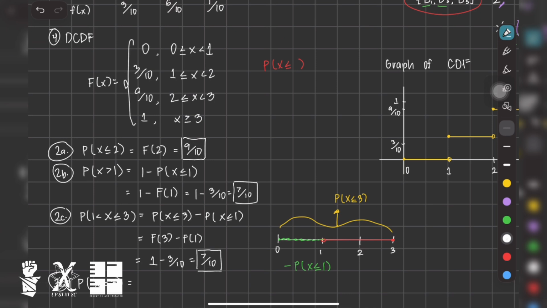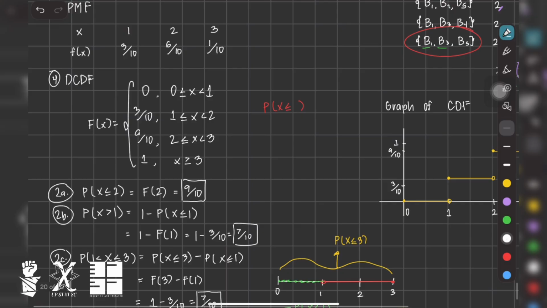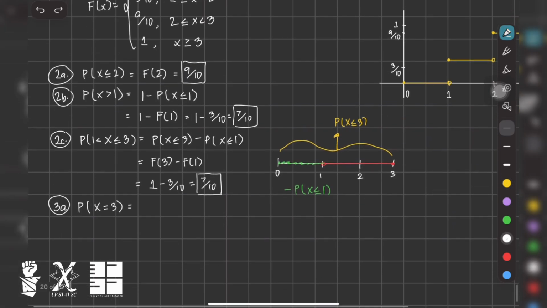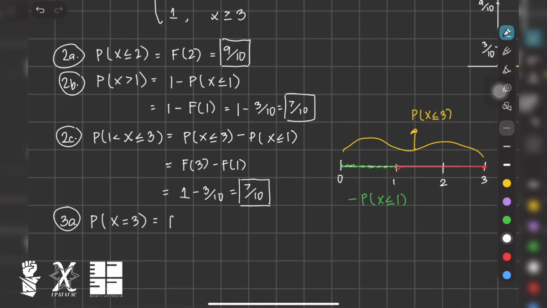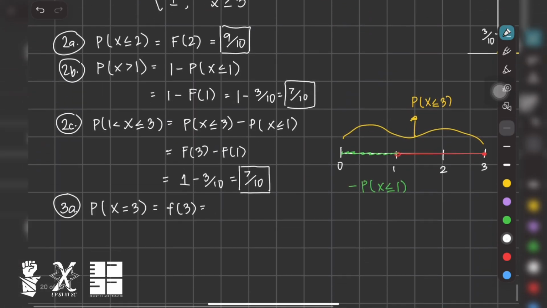So when your random variable is equal to 3, we can see in your probability mass function that its corresponding probability is 1 over 10. So first, we use the standard notation for the probability mass function, which is f of 3, and as noted on the top here, that's 1 over 10.